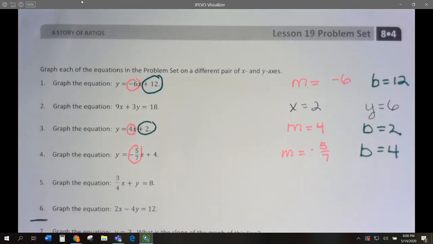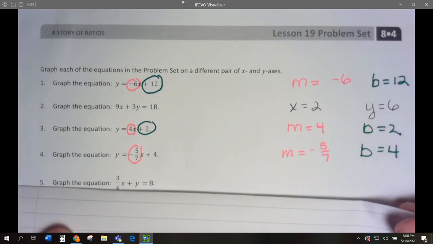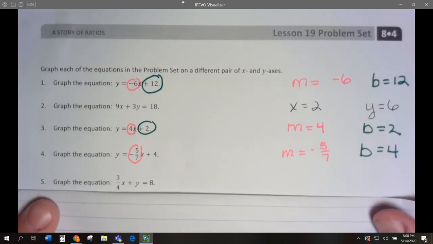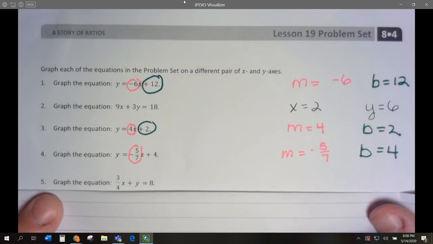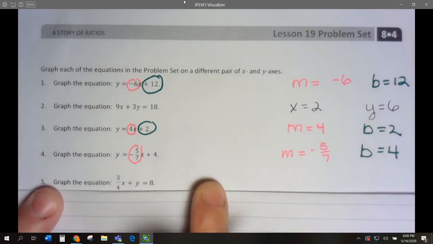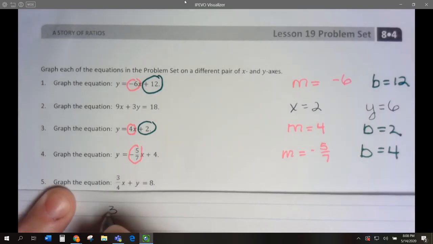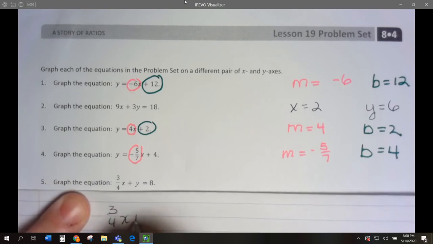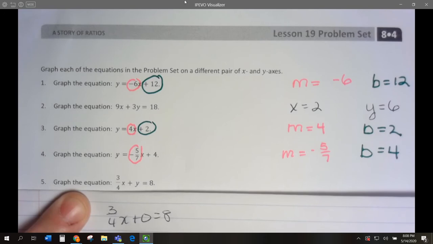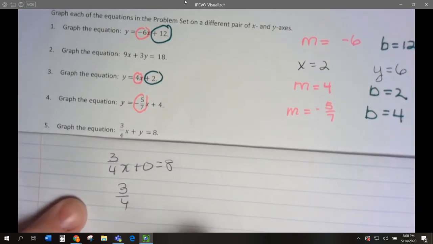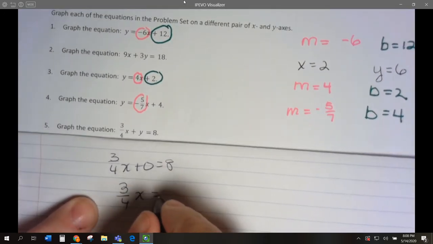Let's go down to number 5. First, we want to find the x-intercept. So we're going to make y 0. If we make y 0, we have 3/4 x plus 0 equals 8. So that's just 3/4 x equals 8.